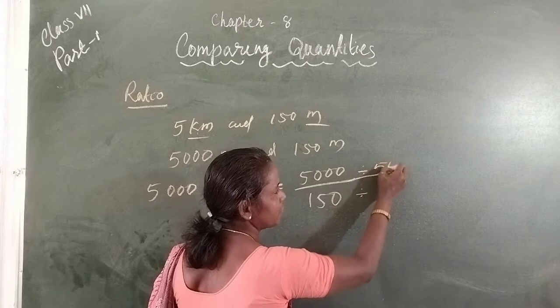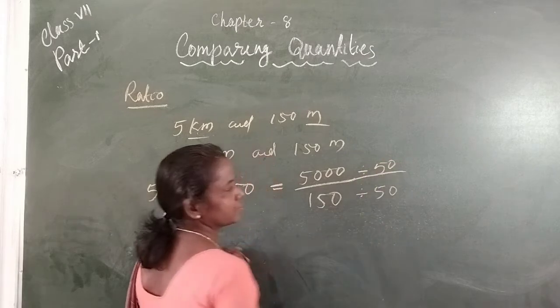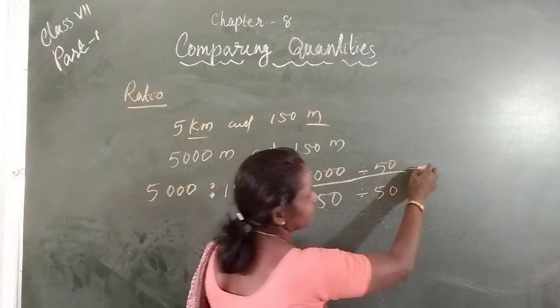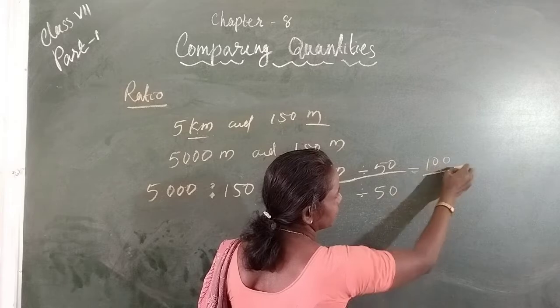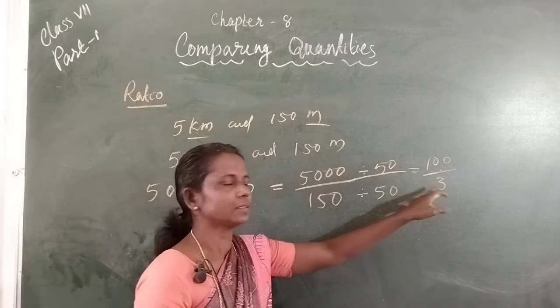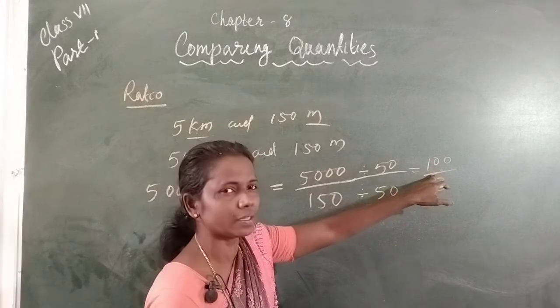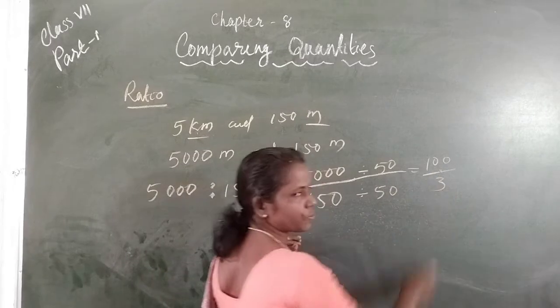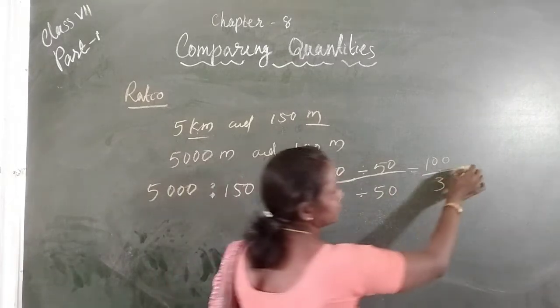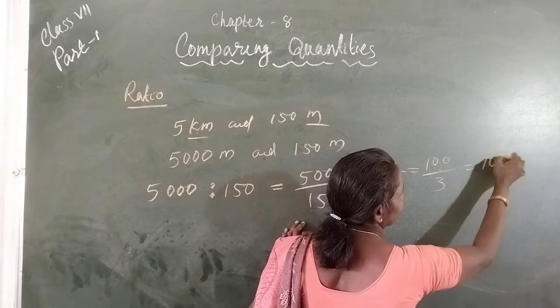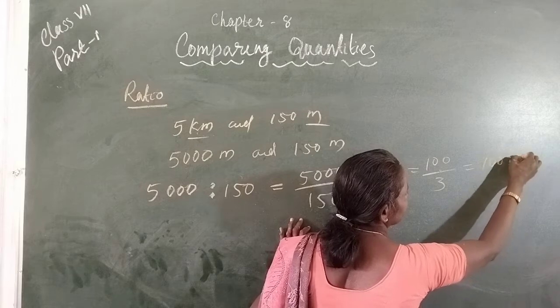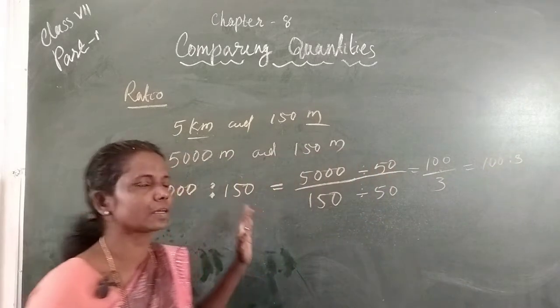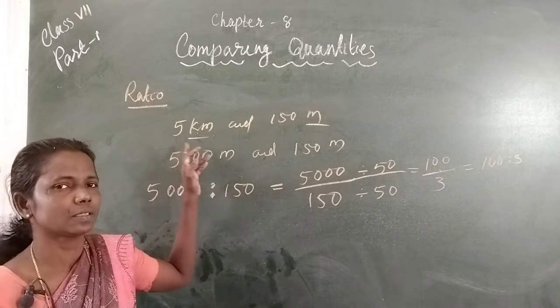Which is the highest common factor? Look, then we get 100 by 3. Can 100 and 3 be divided again by any other number except 1? No. So its simplest form is 100 is to 3. Is it clear? How to write ratio?